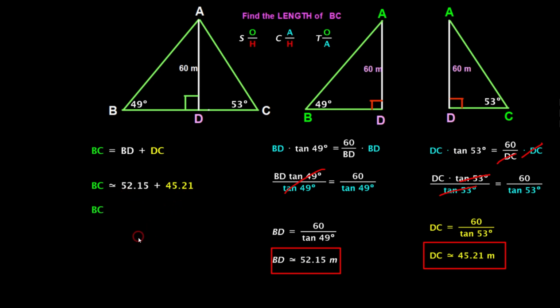I have decimal videos coming later on how to add decimal numbers. 52.15 plus 45.21 gives 97.36. So 97.36 meters is our final answer.